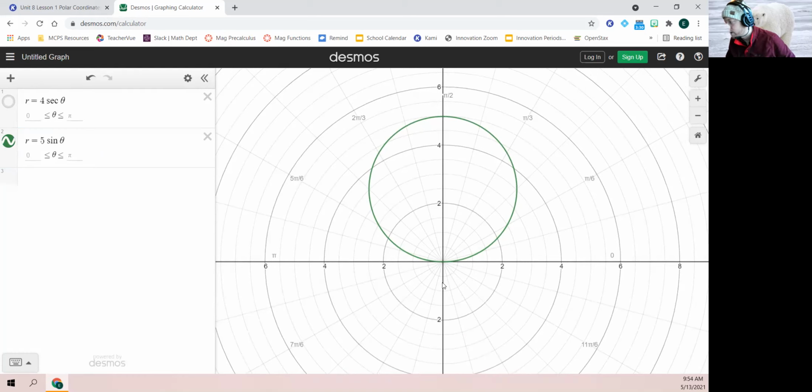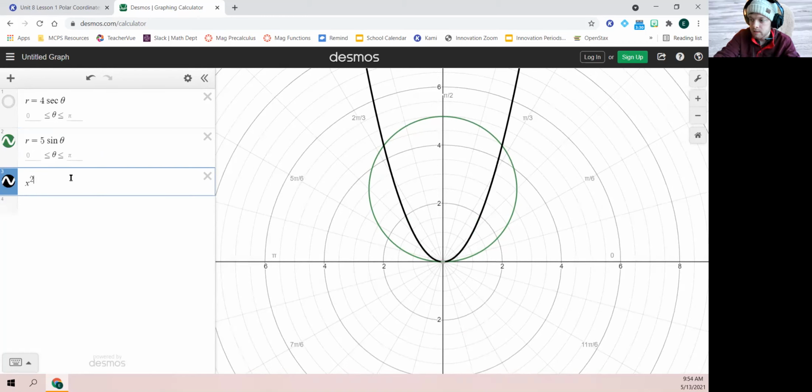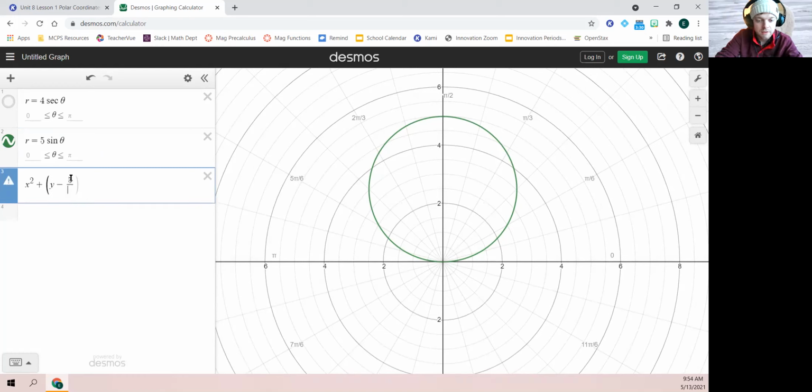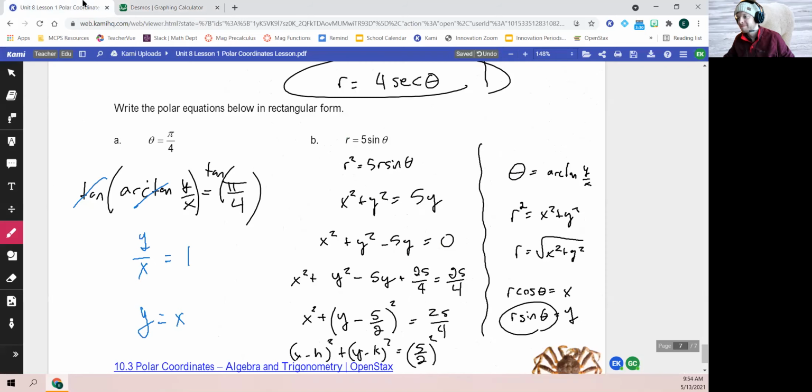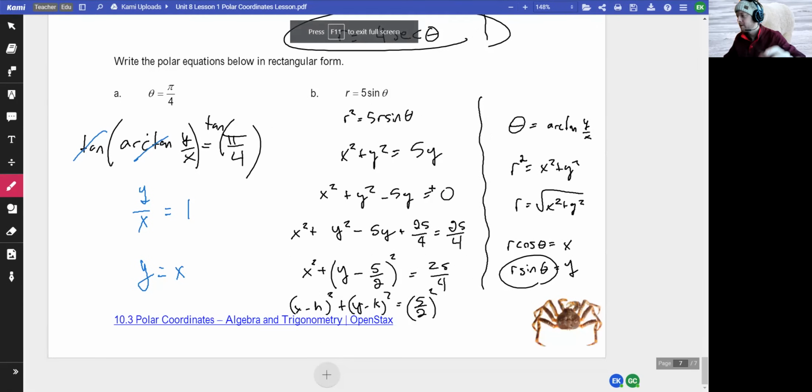And its radius is, once again, also 2.5 because it gets us down to the origin. If I type in x squared plus y minus 5 halves squared is equal to 25 fourths, I get the same thing. There you go. Very cool.